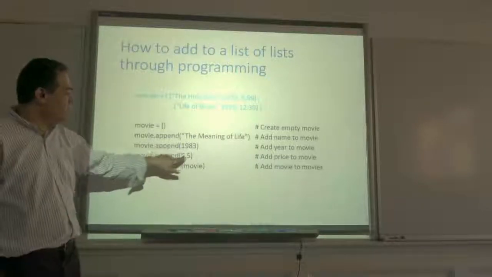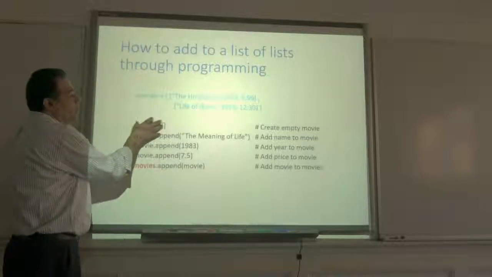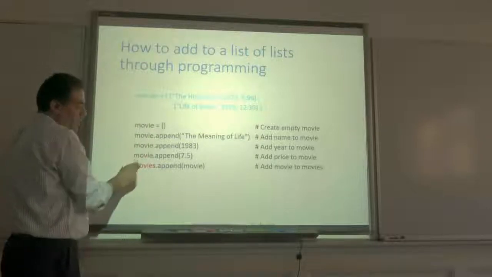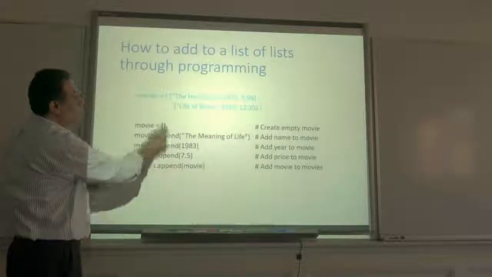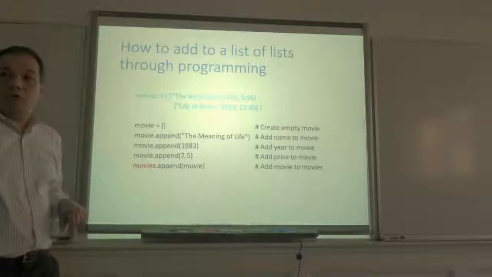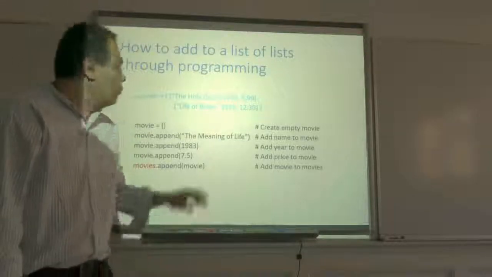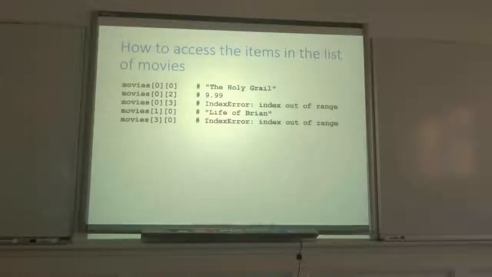Then you append to it the amount of money it made. And then you have to append this movie to where? To the movies. The movie you created will be appended to the movies with movies append movie. So it took you 3 steps to append a movie to the movies matrix. So you got the idea, right?